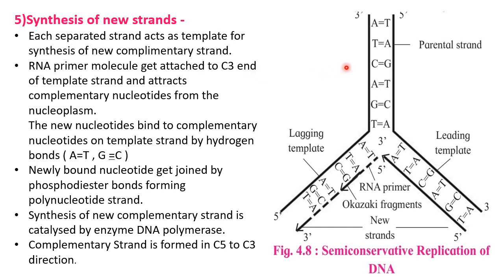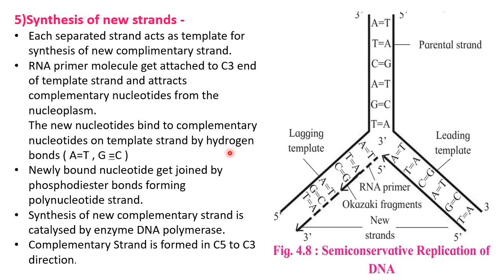Here we can see that these two strands of the DNA molecule get separated at the point of origin, and each separated strand acts as a template for producing a new complementary strand. Then an RNA primer molecule gets attached to the C3 end of the template strand and attracts complementary nucleotides from the nucleoplasm.